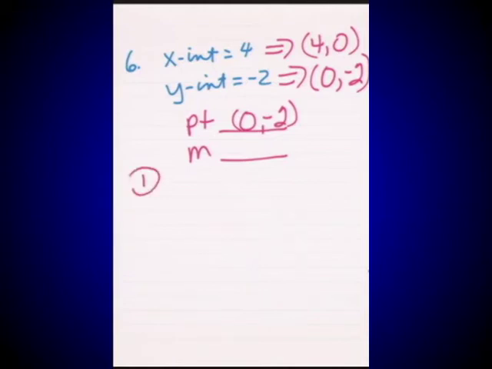So, number 1, find the slope, like we did in the previous problem with 2 points. So, m equals, well, let's see, let the top one be the first x and y. No, we've decided to use 0, -2 here, so why don't we let it be the first x and y. Then this will be x sub 2, y sub 2.